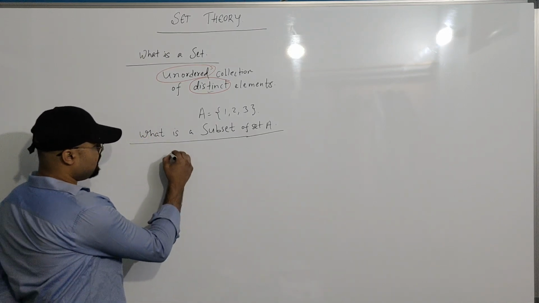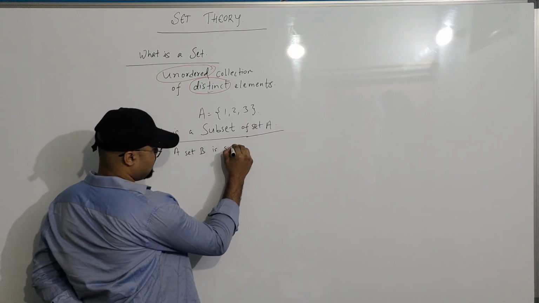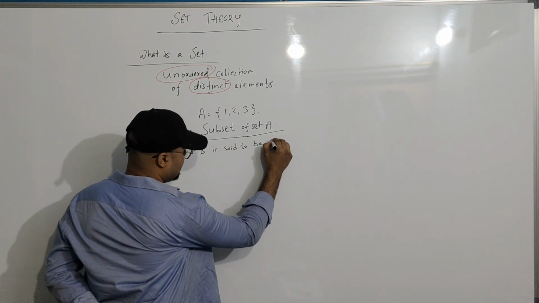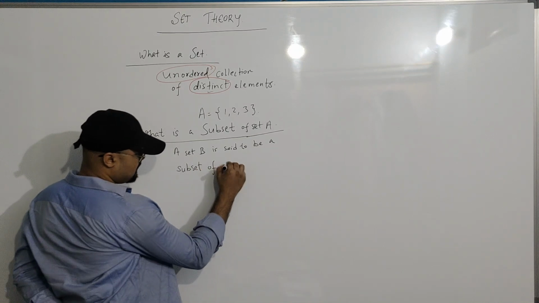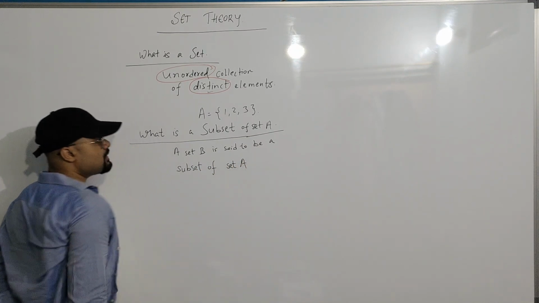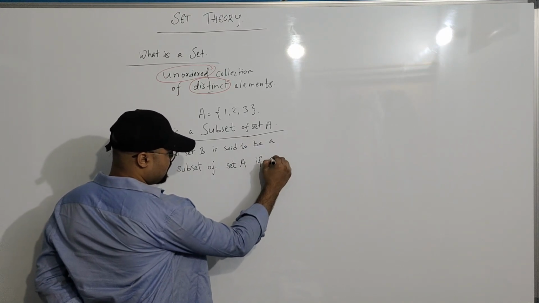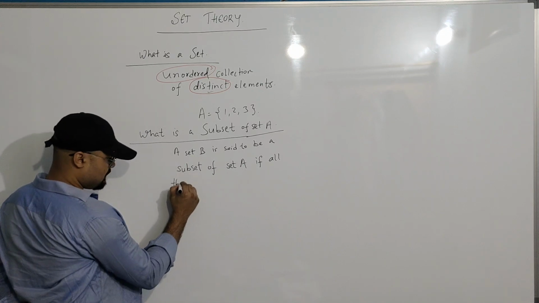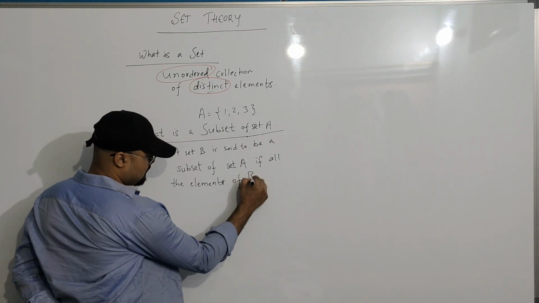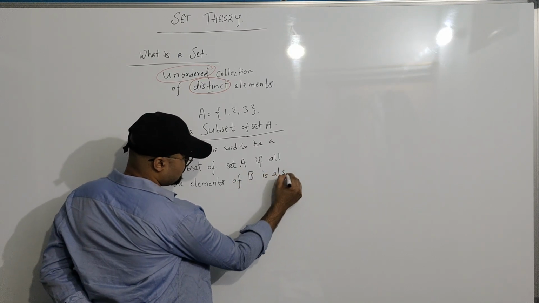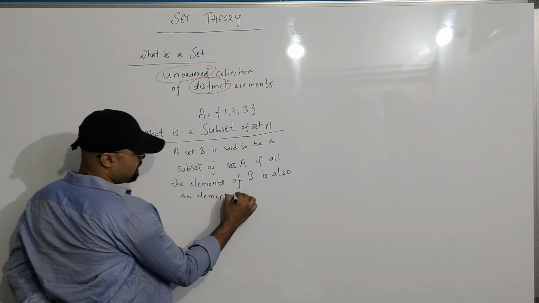It means that a set B is said to be a subset of set A if all the elements of B are also elements of A.